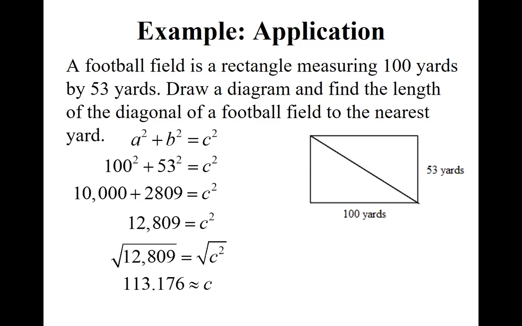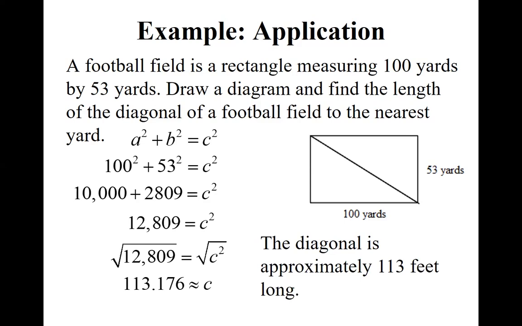Actually it's 113.1768, so that should round to 113.177, but it doesn't matter because it asked for the nearest yard. 113 yards long, not feet long, yards long. And that's the end of this topic.